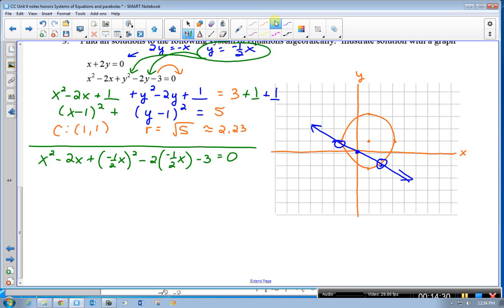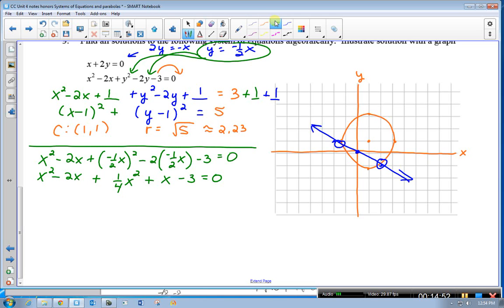Substitution here. And then that's x squared minus 2x plus 1/4 x squared plus x minus 3 equals 0.